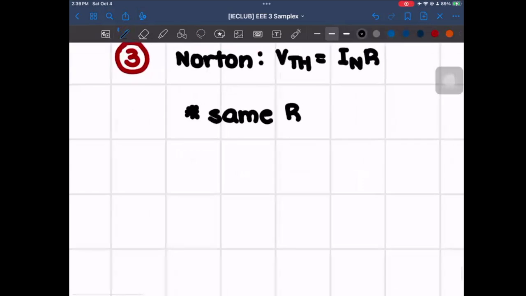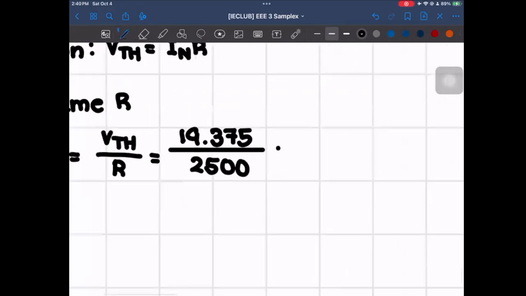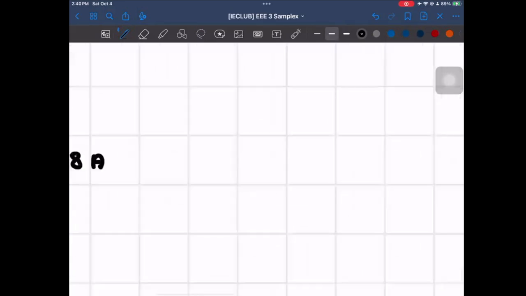So we have to get IN, which is equal to VTH over R. And that's 19.375 all over our RTH from a while ago, which is 2,500, which will be 0.008 amperes.